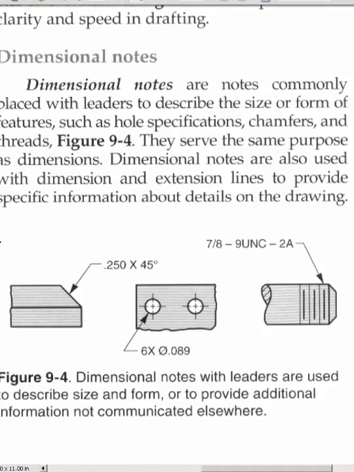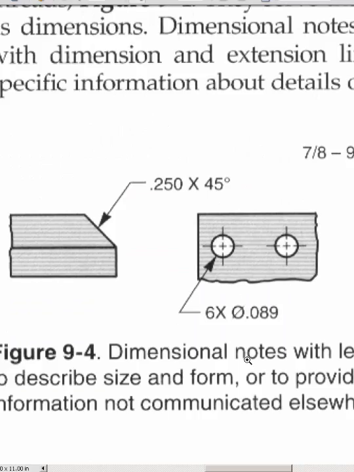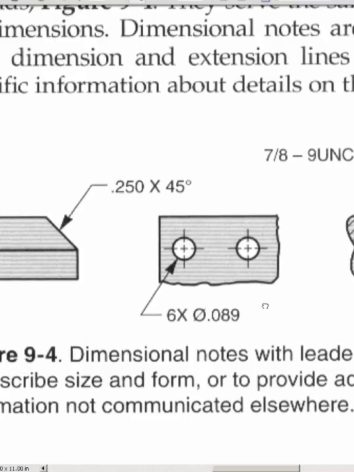For example, we see here an angular surface, a chamfer, and it just uses a leader and the notation 0.25 by 45, implying the distance is 0.25 this way and 0.25 down since it's a 45-degree angle, or 0.25 out and then 45 degrees from there. Same thing is true here.